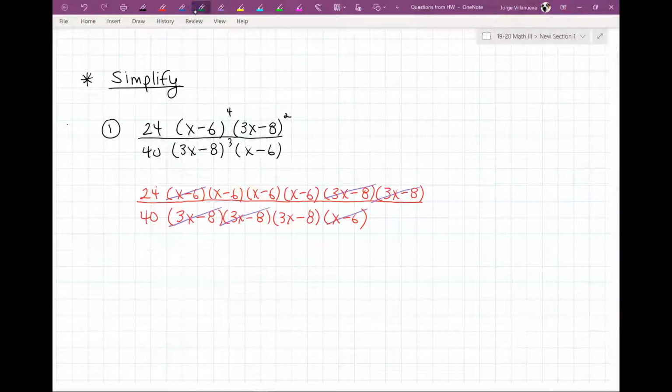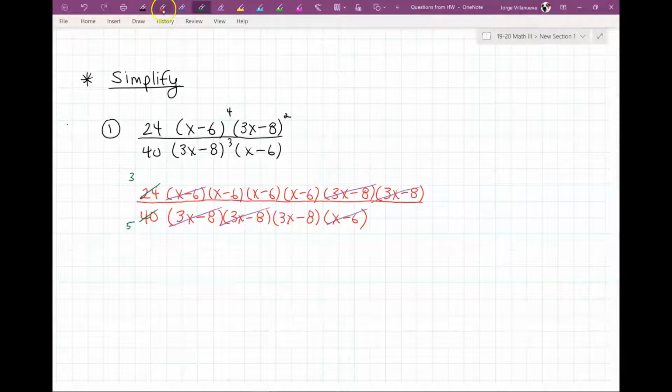Now the 24 over 40, I try to think of the best number that goes into 24 and 40, and I think the number is 8. So 24 divided by 8 would be 3, and 40 divided by 8 would be 5.